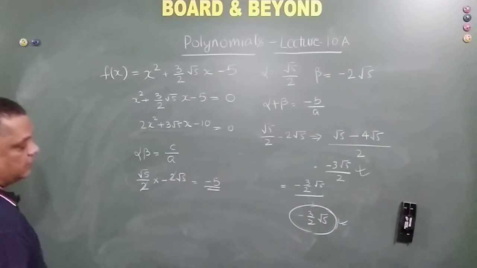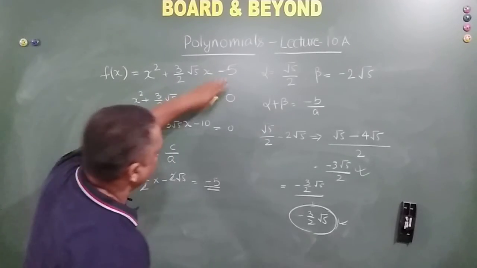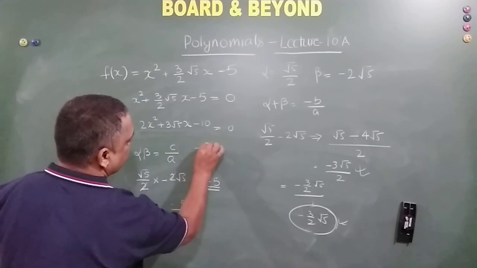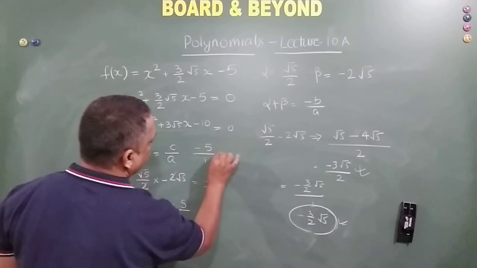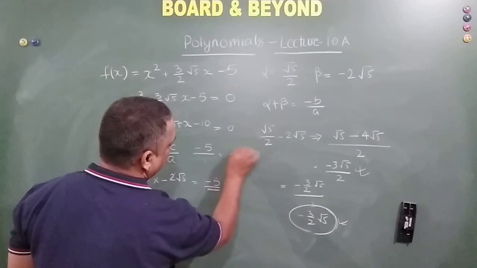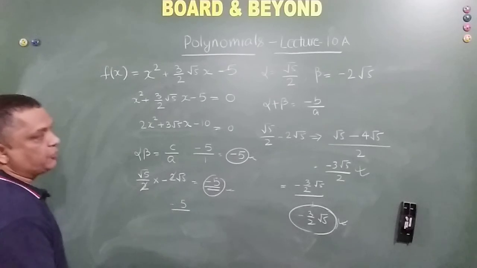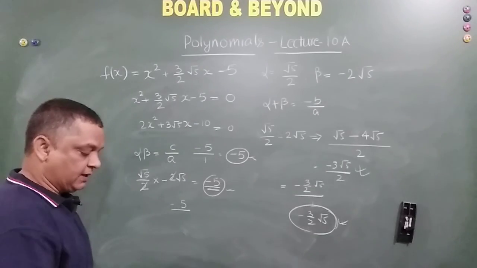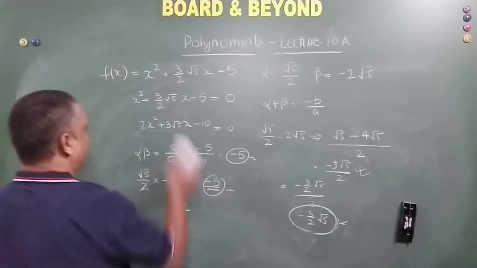Now c by a: c is minus 5 and a is 1. That is equal to minus 5 itself. Now you see, my friends, we have verified alpha plus beta and alpha into beta for this quadratic polynomial.